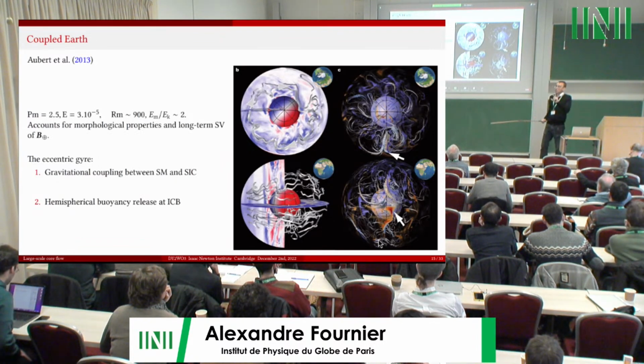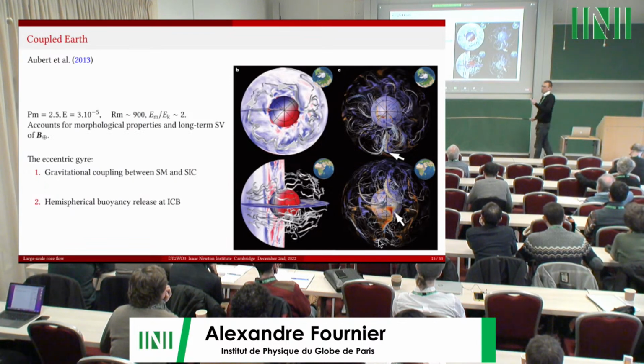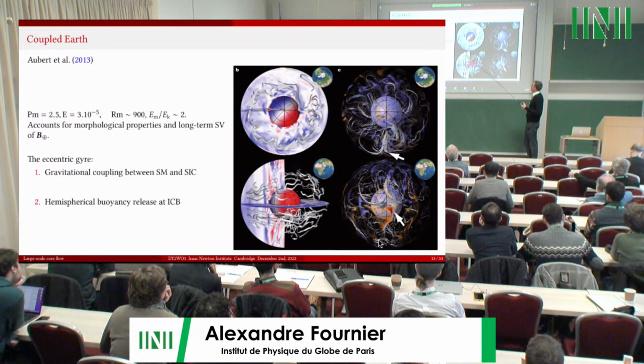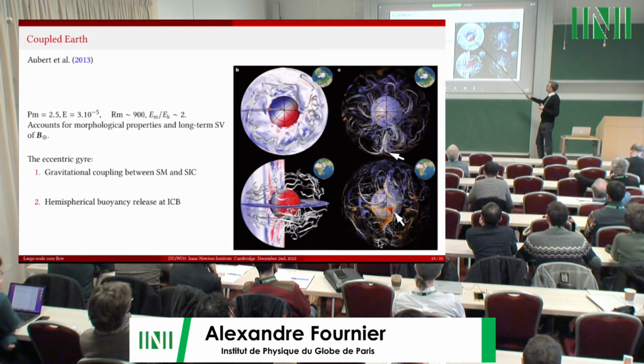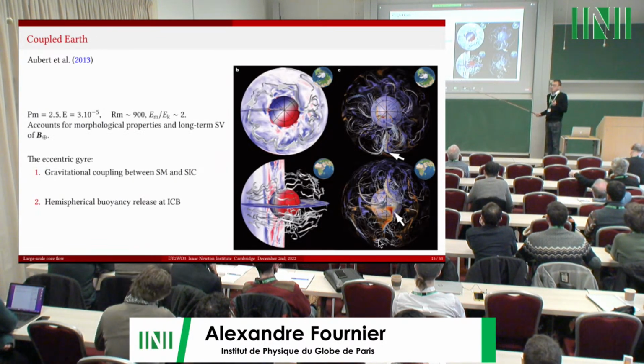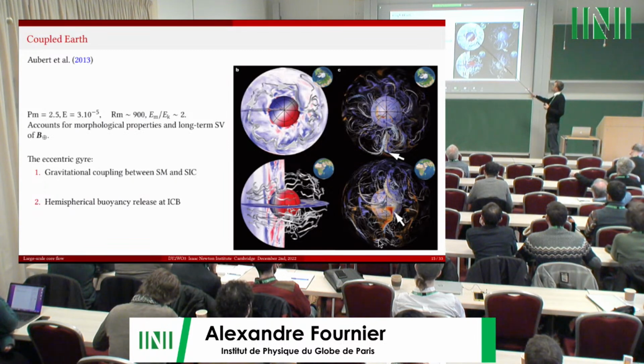Now, if you want to get your m equal 1, so if you want to get your eccentricity, then you need an extra ingredient, and the extra ingredient rests on the assumption that the crystallization of the inner core is not homogeneous and that it is, in fact, fastest underneath Indonesia. So that creates a hemispherical buoyancy release. The buoyancy release is stronger underneath Indonesia, which causes the eccentricity.